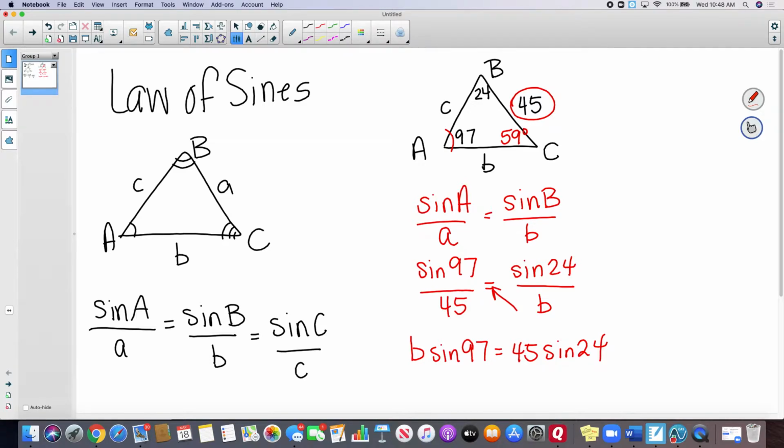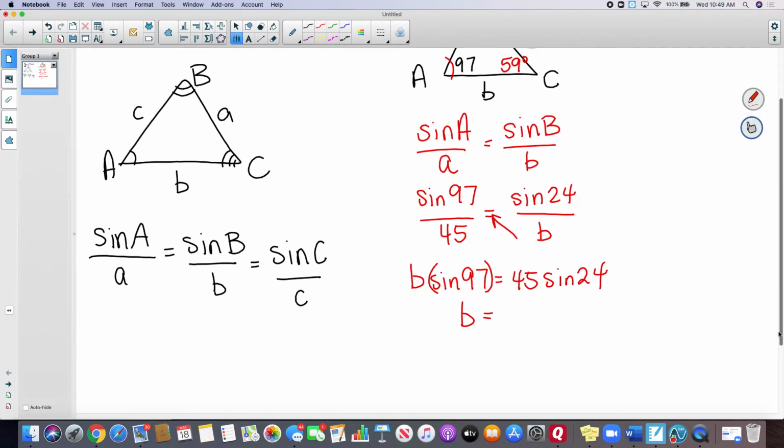We're solving for b, so we divide by sine 97. So b equals 45 sine 24 over sine 97. You're going to want to put this in all at one time in your calculator.